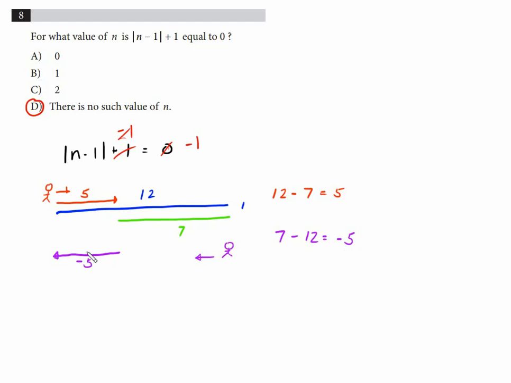But since I only want to know what the difference in length is, it doesn't really matter which way I come from. And this is a case where absolute value would absolutely make sense in real life.